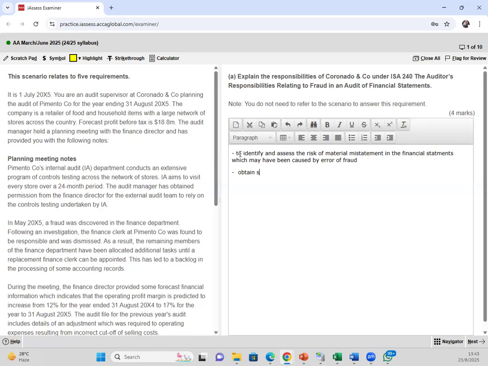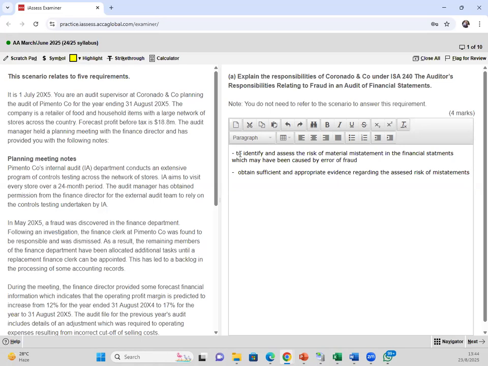They're supposed to obtain sufficient and appropriate evidence regarding the assessed risk of material misstatement.